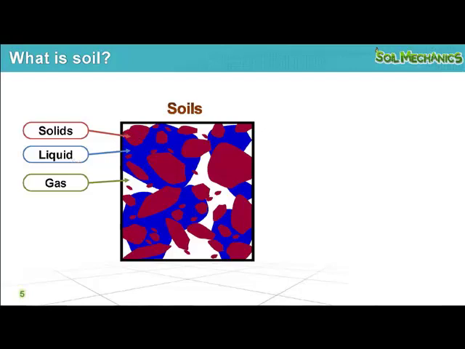Between the soil particles, the space can be filled by liquid like water, oil, and also gas. So between the soil particles can be filled by liquid and gas in nature.